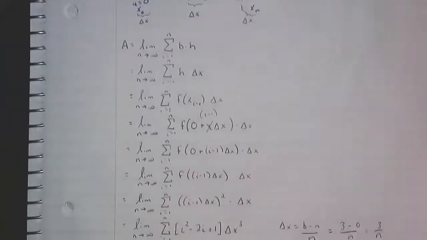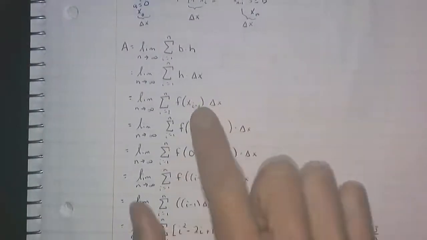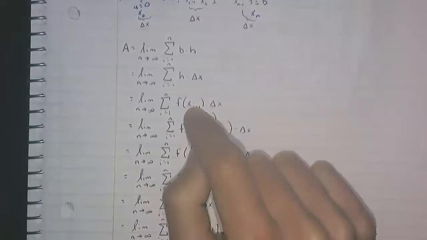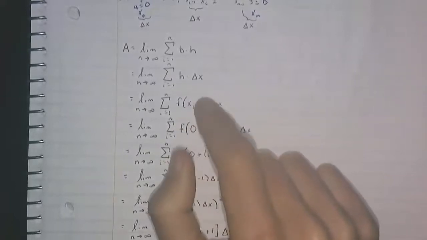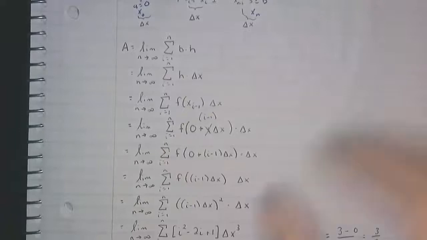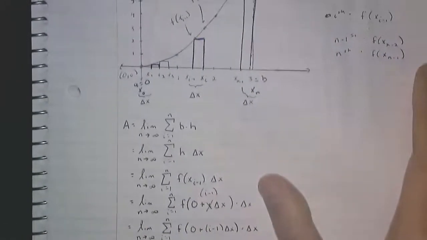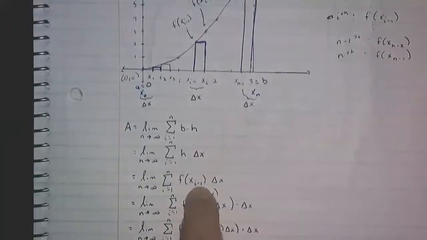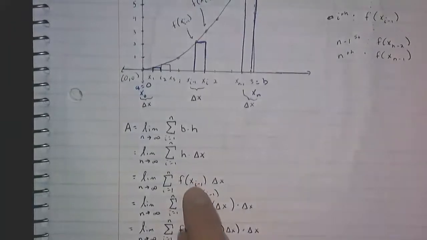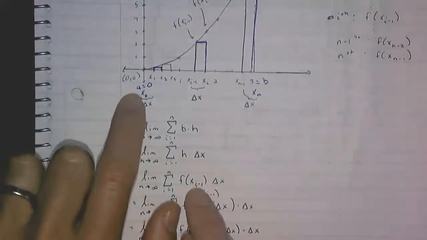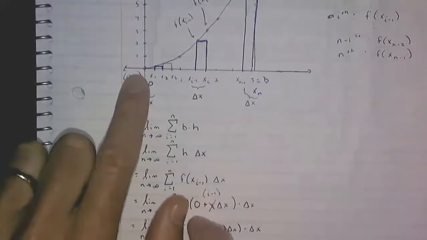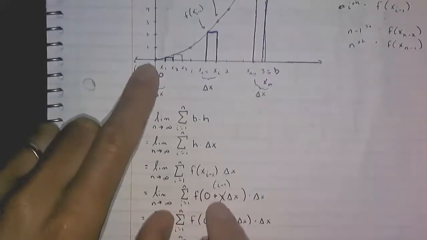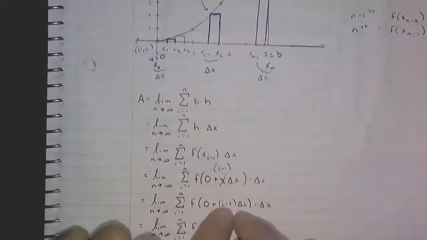So it was in this changeover from the i minus first index of x. Well, that's not a terribly useful thing to plug into our function. We need to have it in terms of i's, really, or delta x's, or something we can actually use. And so we had to make this determination that the i minus first index of x, since our initial x index was 0, would be 0 plus i minus 1 delta x's.